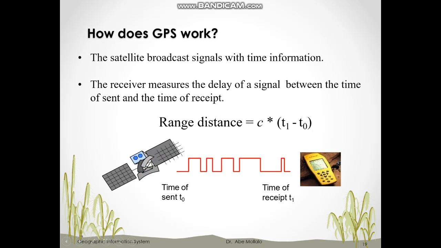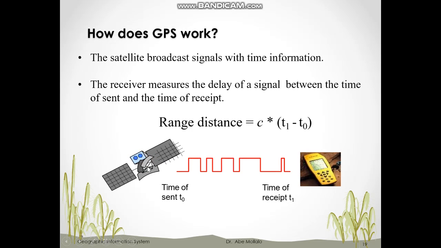When your receiver gets this message, it will record the time of receipt. The GPS receiver decodes the message sent from the satellite, so it will know the time of sending. So now we have two times: the time of receipt and the time of sending.